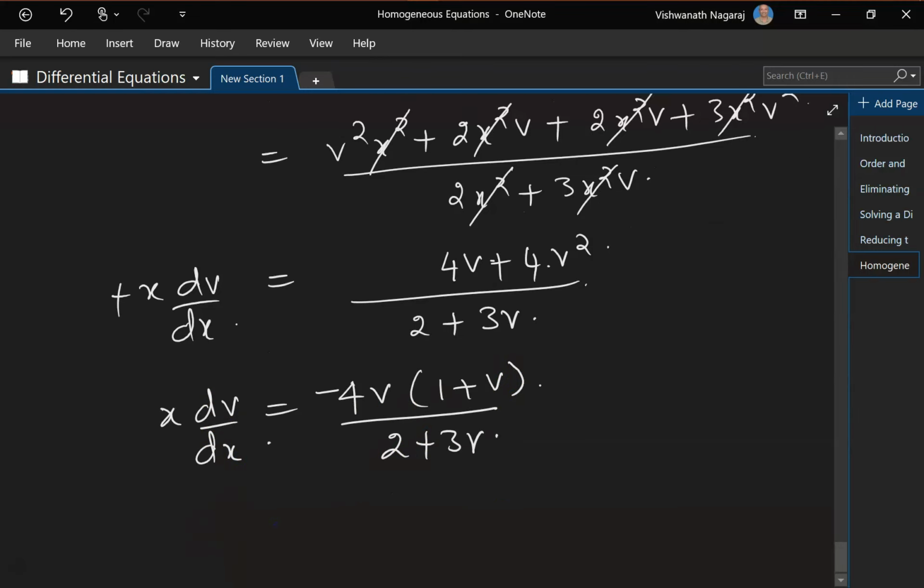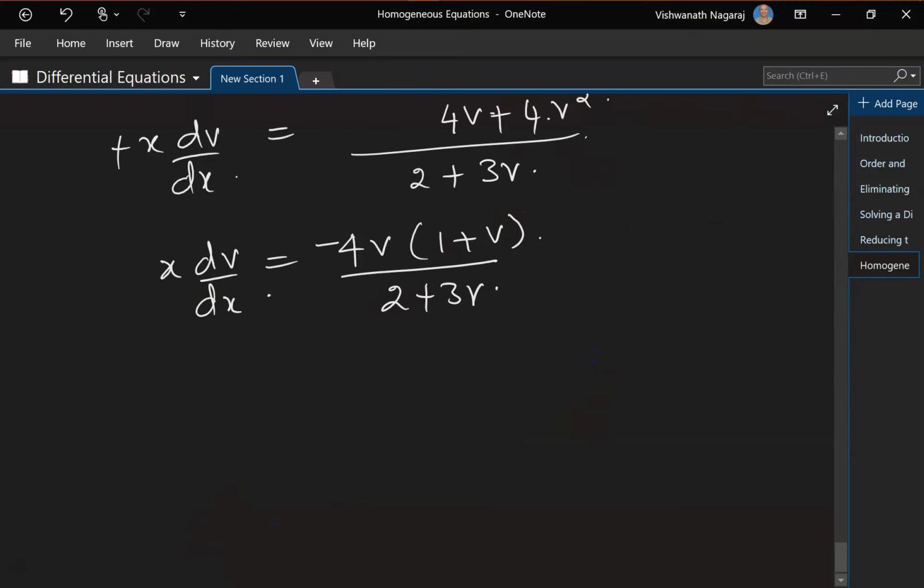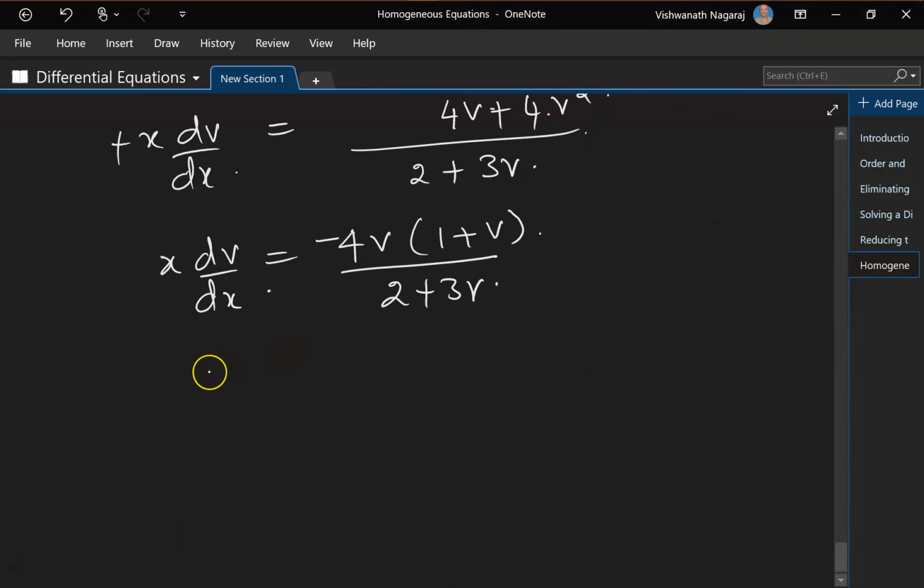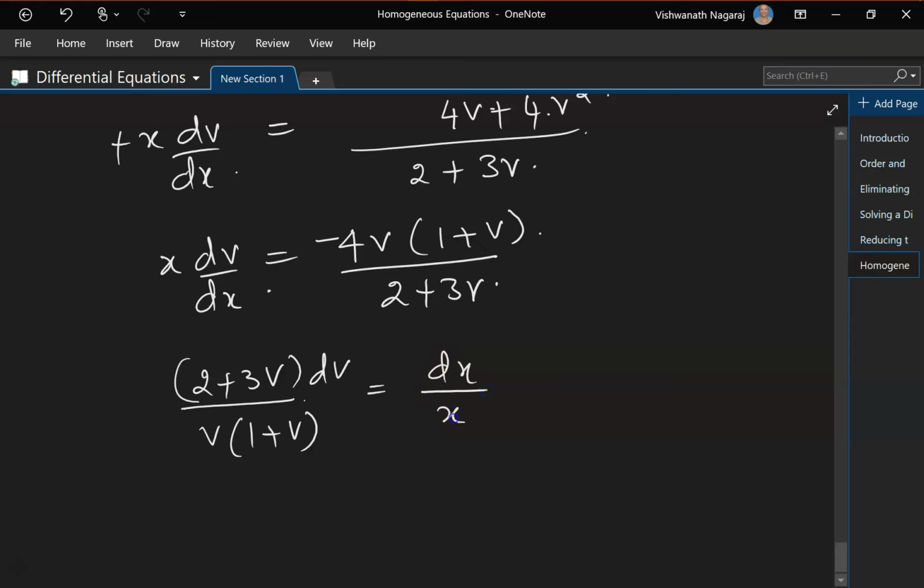Now we need to split this, move it around. So what do we do? 2 plus 3v, that means we have to separate out the variables. So 2 plus 3v dv by v times 1 plus v is equal to dx by x.